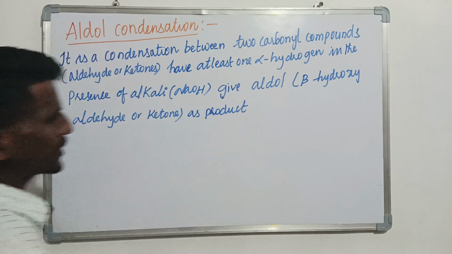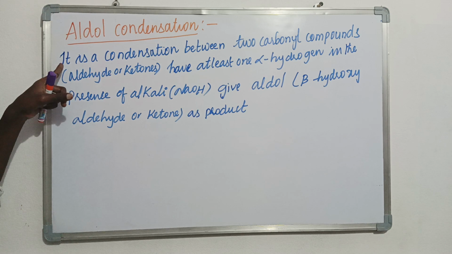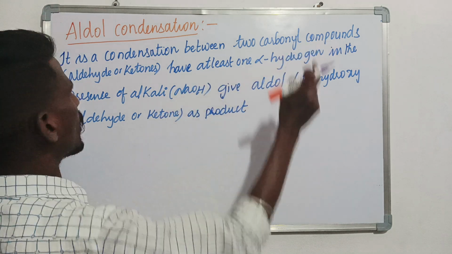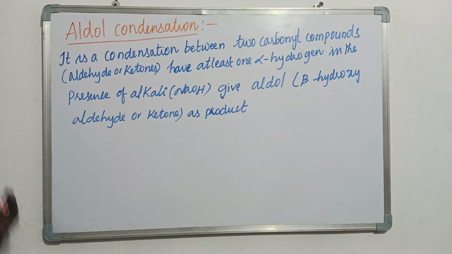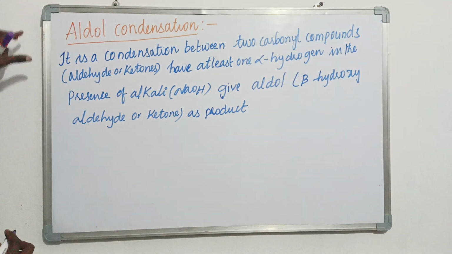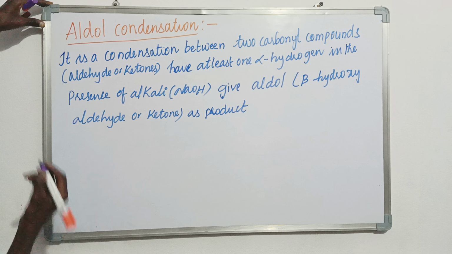It is called aldol condensation. So it is a condensation between two carbonyl compounds, either aldehydes or ketones, having at least one alpha hydrogen, in the presence of alkali, giving a beta hydroxy aldehyde or ketone, called an aldol condensation.